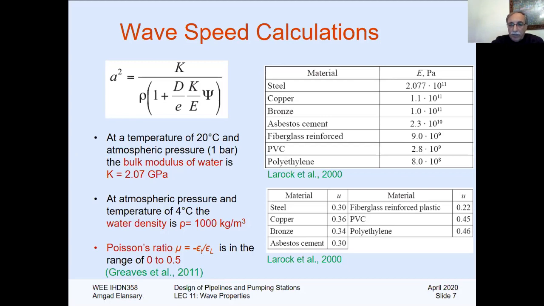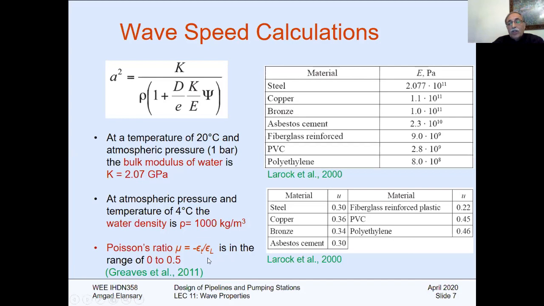In addition, we have a new parameter called mu, which is the Poisson ratio. The Poisson ratio is the ratio between the transverse strain, epsilon t, and the longitudinal or axial strain, epsilon L, dividing each other, with a minus sign here.